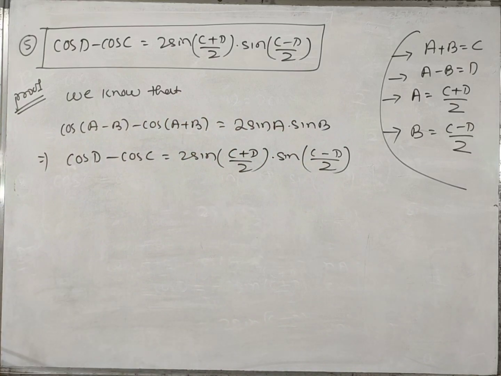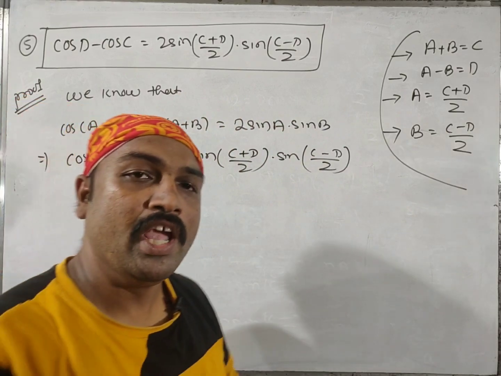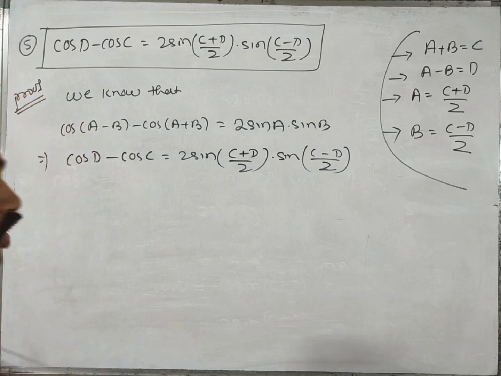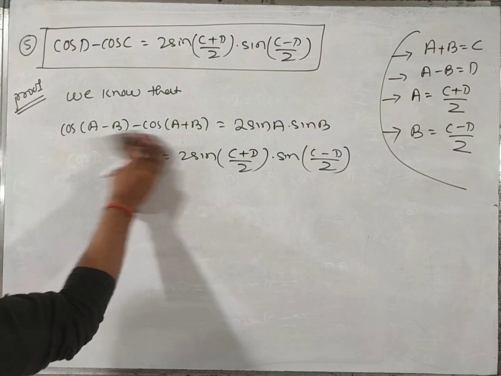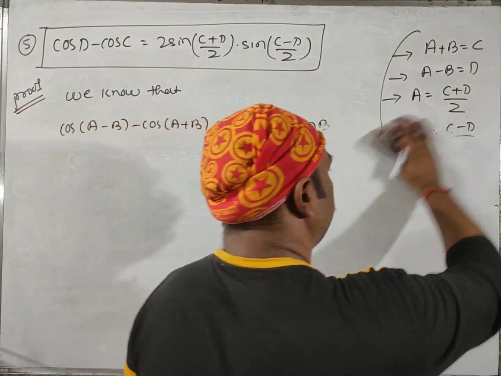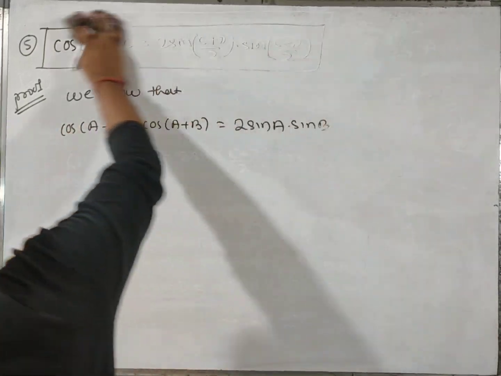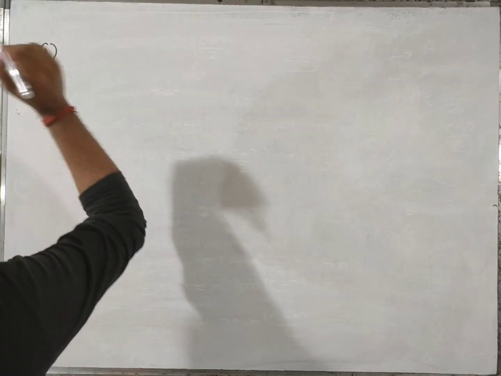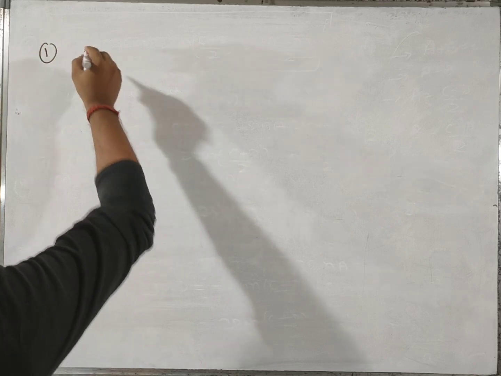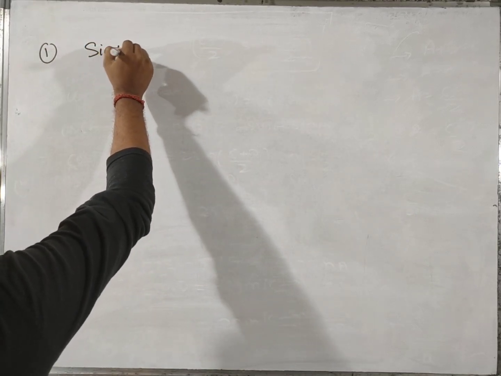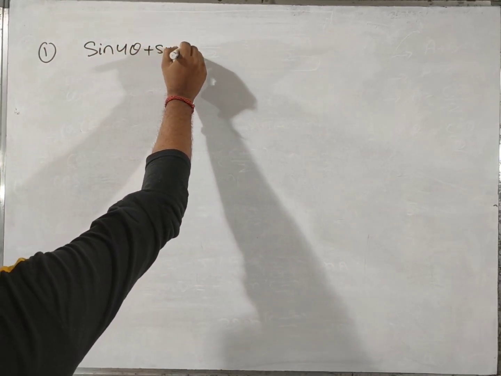Now let us discuss some of the problems based upon this second type of transformation formula. Here it is the first problem: sin 4 theta plus sin 2 theta.